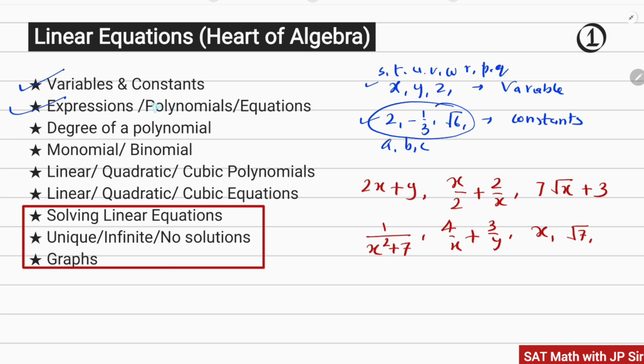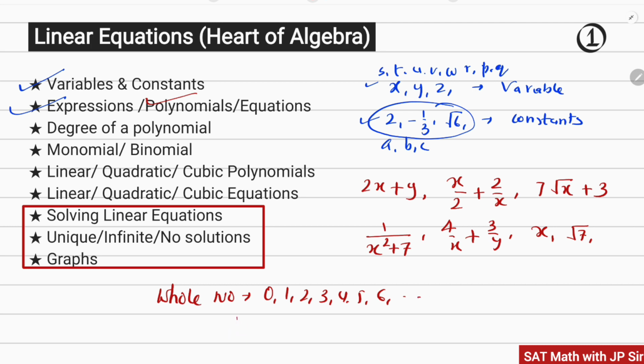Now, what is a polynomial? Well, a polynomial is an expression in which powers of the variables are whole numbers. When we talk about whole numbers, 0, 1, 2, 3, 4, 5, 6, these are called whole numbers.